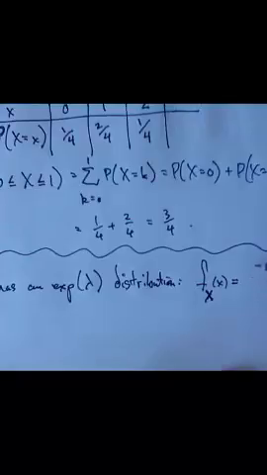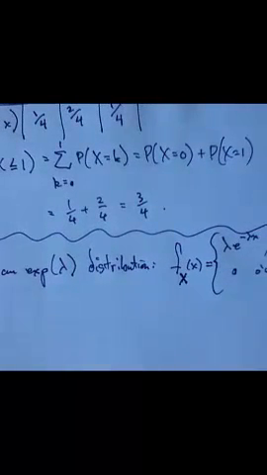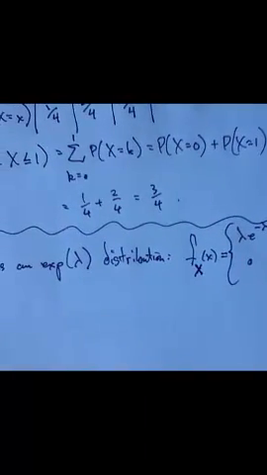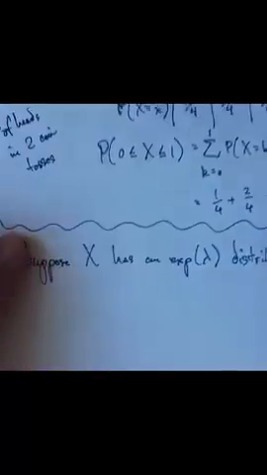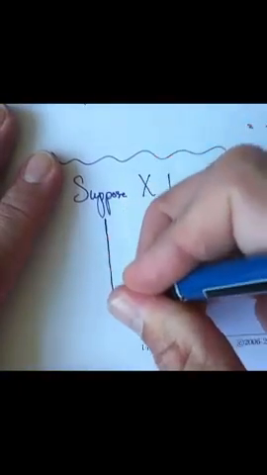It's lambda e to the negative lambda x for x greater than or equal to 0 and 0 otherwise. Okay. And we saw from one of our previous examples on page 13 of these notes that the density function actually looks like this, right?